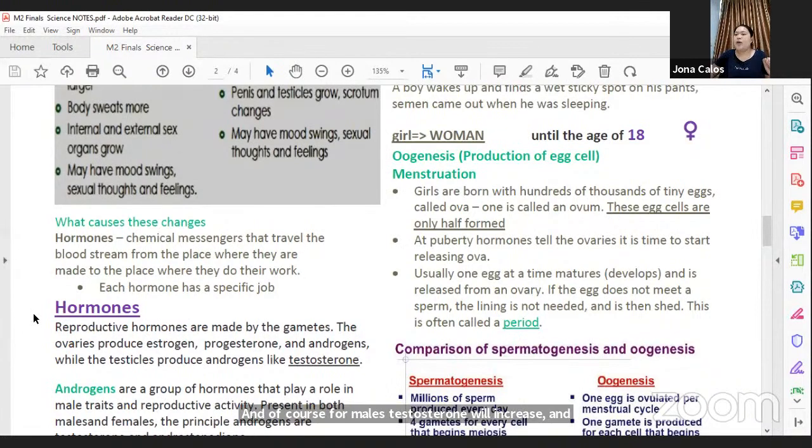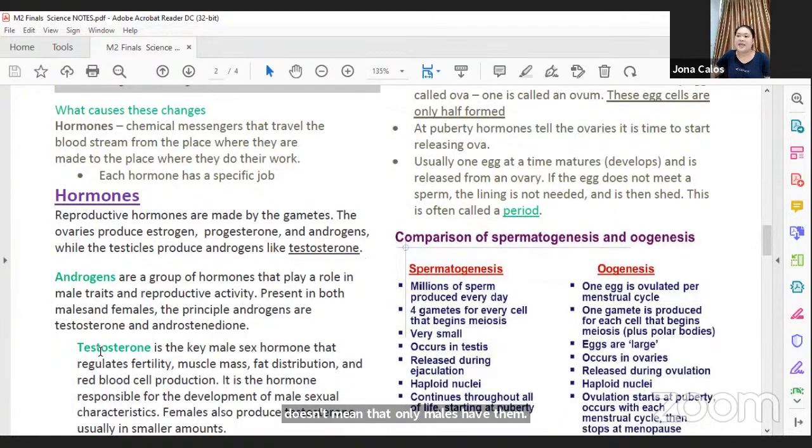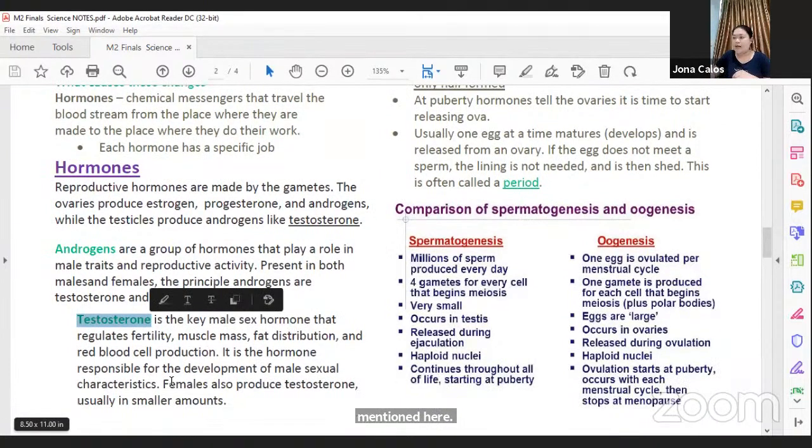So we have the term androgen, which is androgynous, male-like. Androgens are most likely male hormones, but it doesn't mean that only males have them. Females can have them, but at a low level, and one example is testosterone, as we mentioned here.